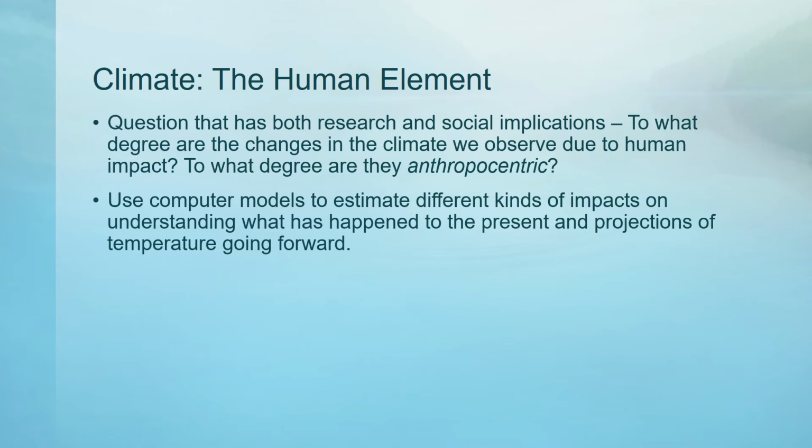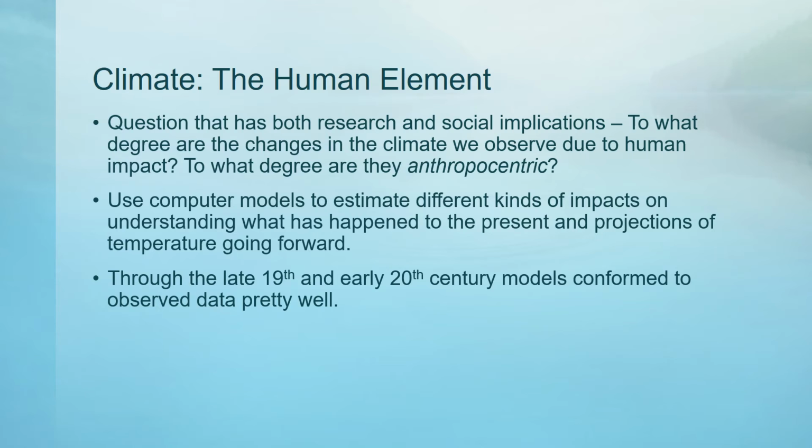So what the climatologists do, climate scientists, they use computer models to estimate different kinds of impacts, understanding what has happened to the present and then projecting temperatures going forward.